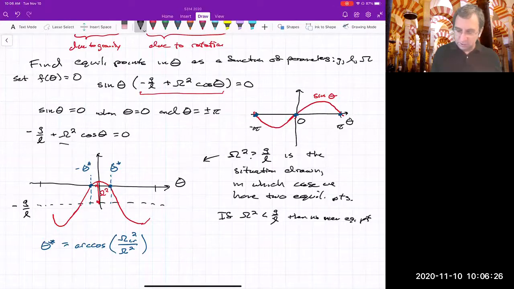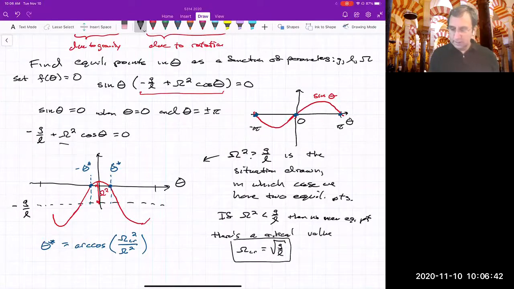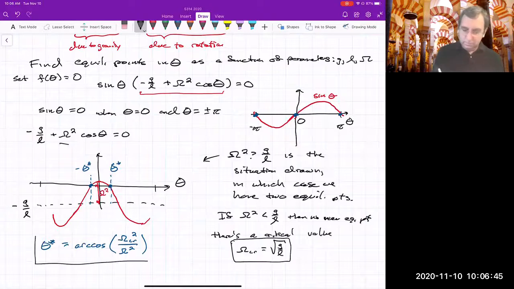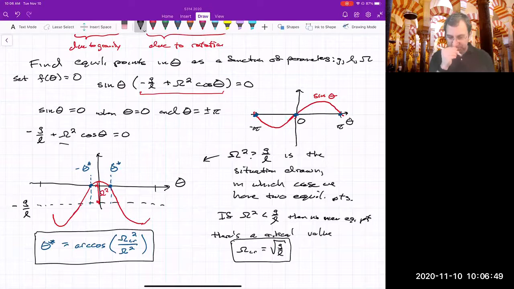So we'll say that there's a critical value of omega, and it's omega critical equals square root G over L. And so this only has a solution when we've got omega above omega critical.